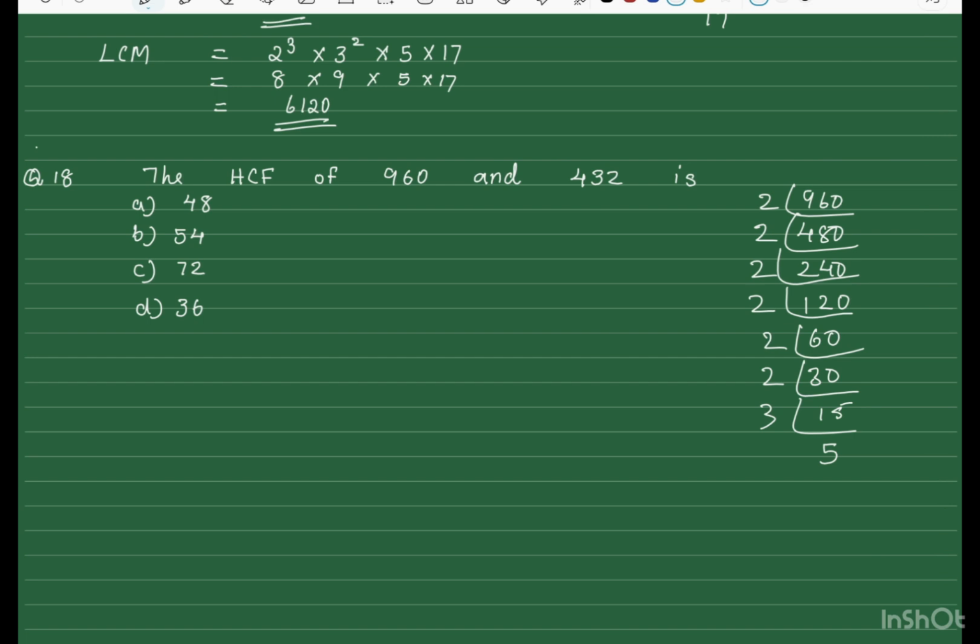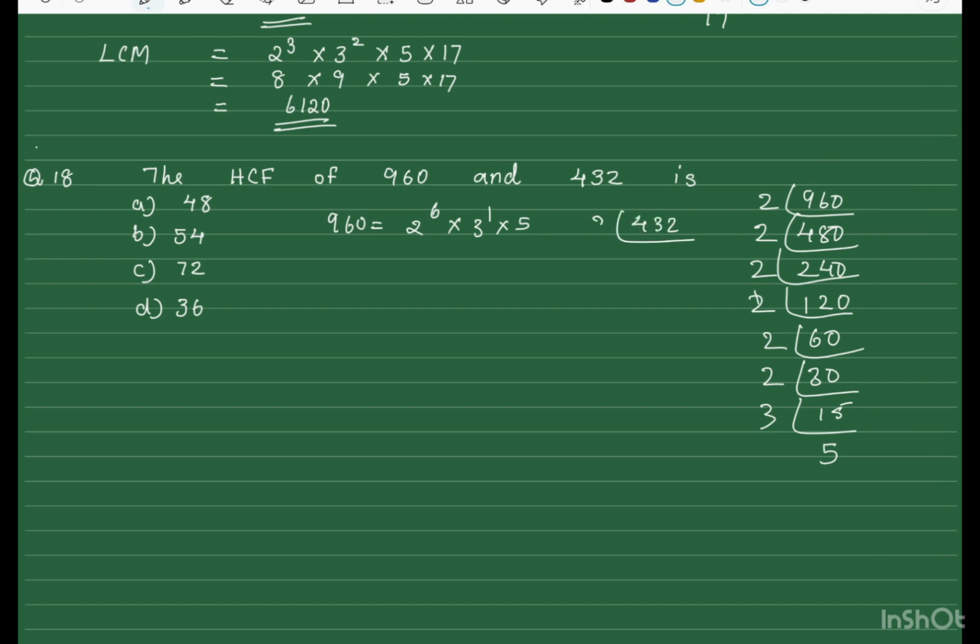So the factorization of 960 is 2 to the power 6, 3 raised to 1 and 5.